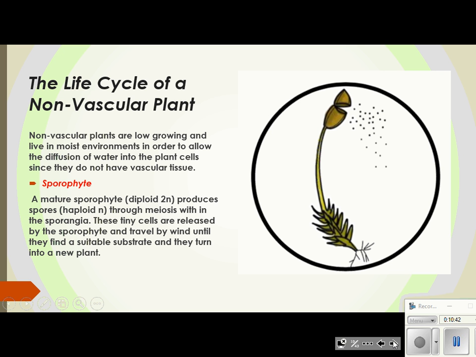These tiny cells are released by the sporophyte and travel by the wind until they find a suitable substrate and turn into a new plant. Okay, so you should be writing this down about the sporophyte releasing spores.